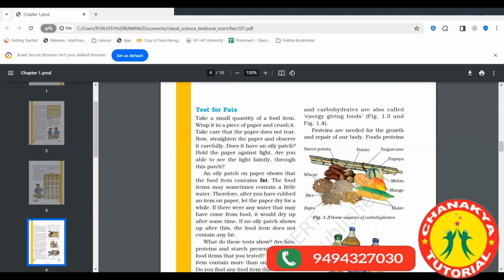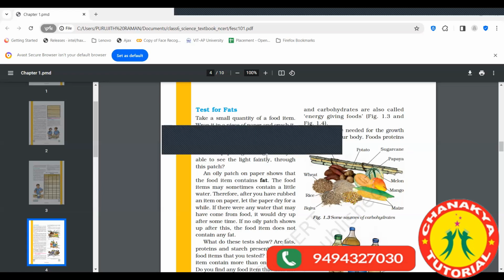Ma'am, can I tell for protein? First we should take the item and put it in a test tube.